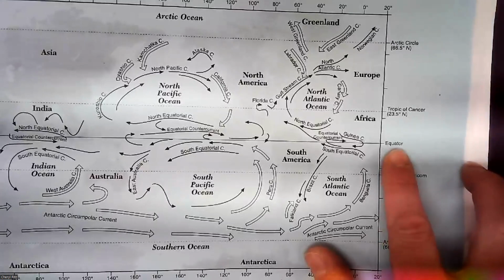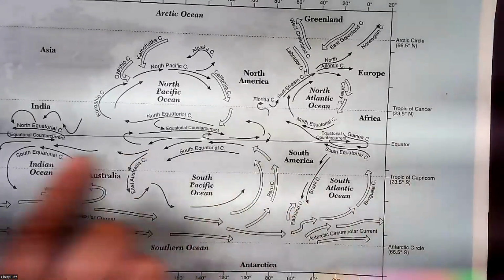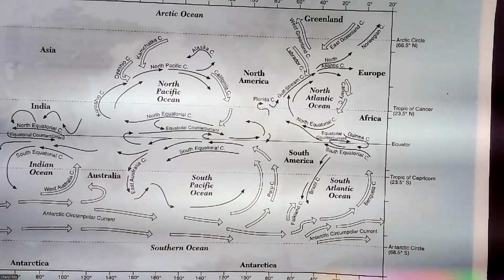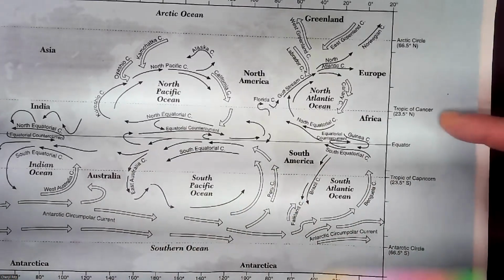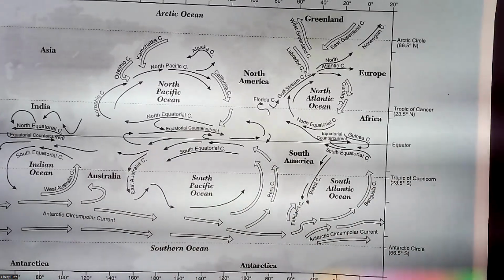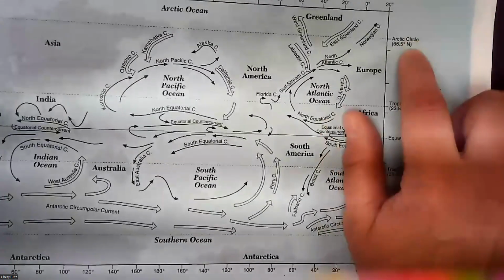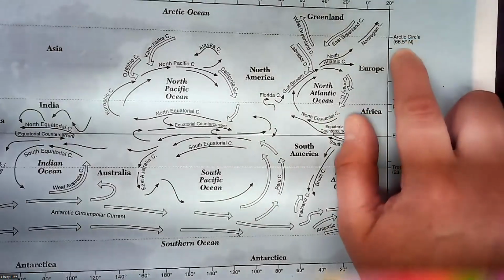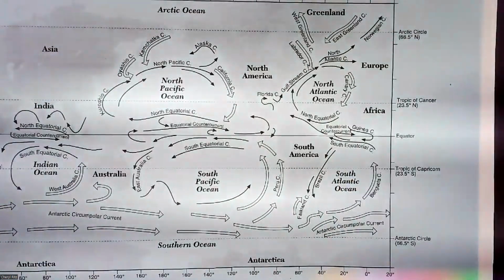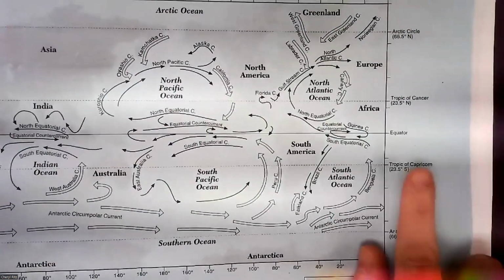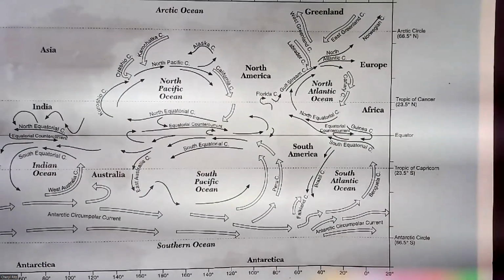But it is so helpful as to label the equator, which is in the dead smack center. It labels the Tropic of Cancer, which is 23.5 degrees north. It labels the Arctic Circle at 66.5 degrees north. It labels the Tropic of Capricorn and the Antarctic Circle. What it doesn't label is the North and South Poles and the axis of rotation.